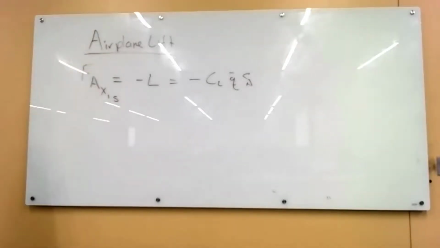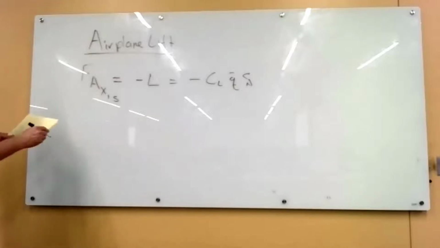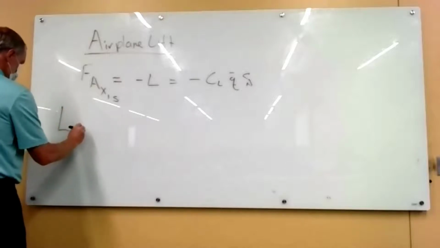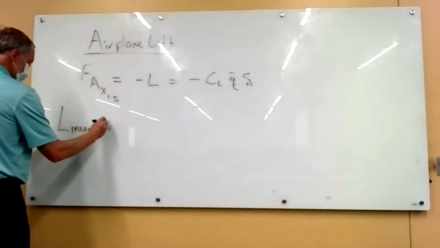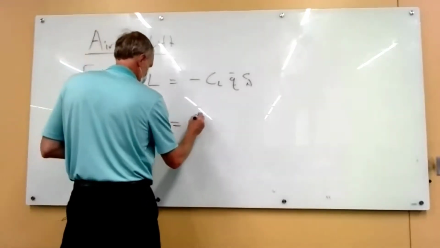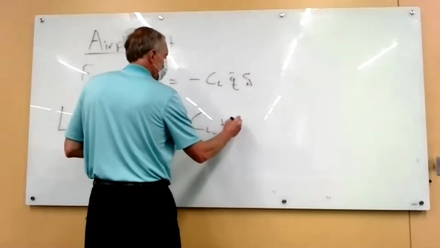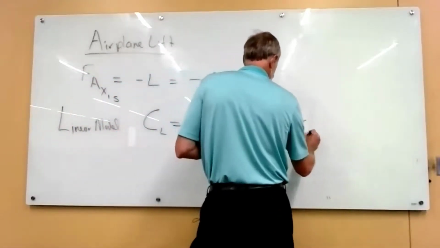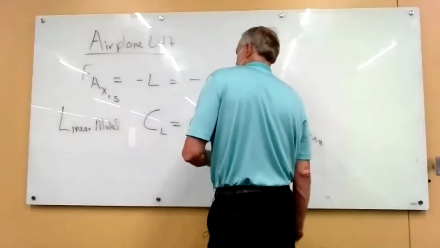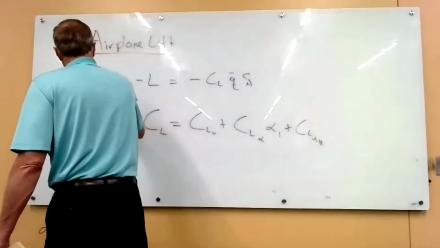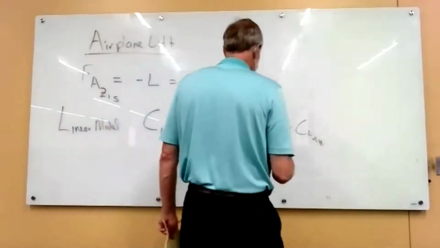Multiply by Q and S, and that's the lift. So our linear math model, we already looked at it. I showed it to you in that table with the matrix. Yeah, we already did that one. Z, there we go. Thank you.